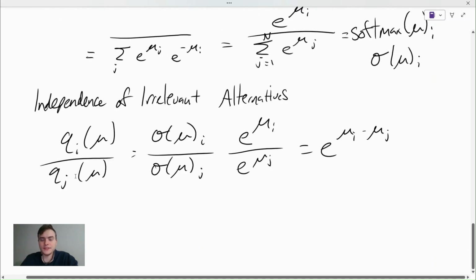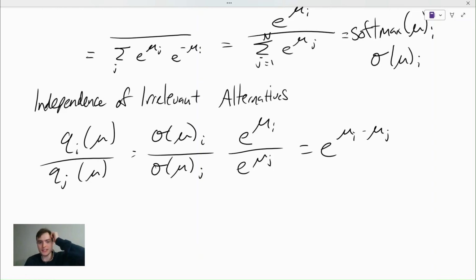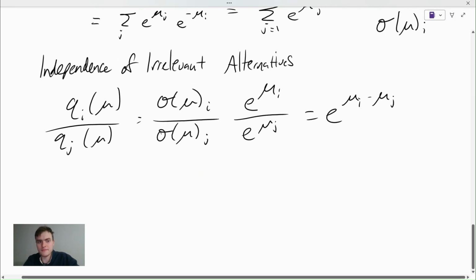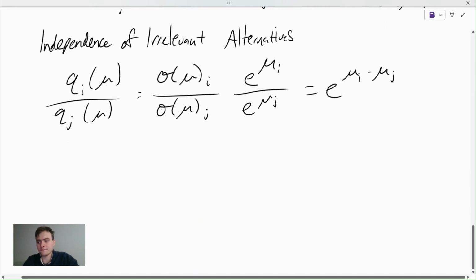So this is called the odds ratio, pretty common in probabilities. We're saying that they're independent because the ratio of them can be found only using mu I and mu j. We don't need the other mu's, the other means.